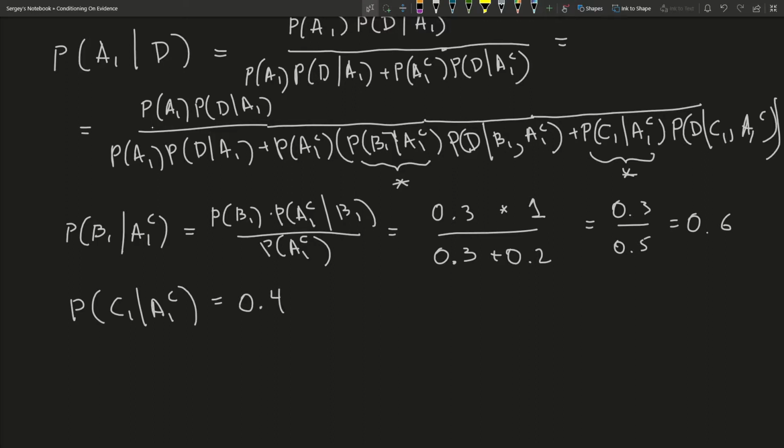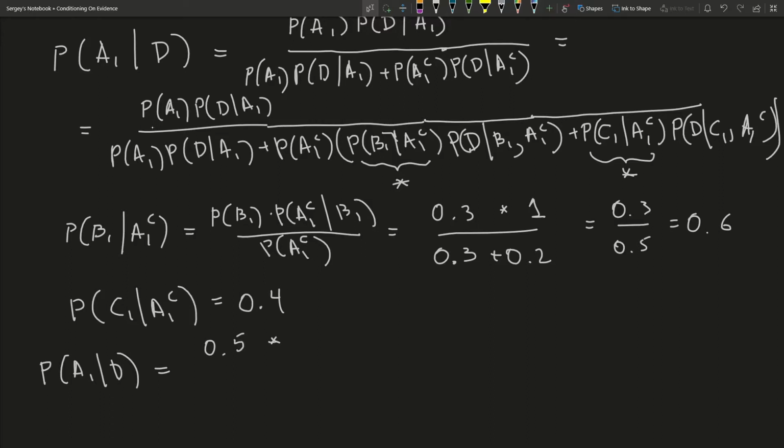So now we're ready to plug in numbers into this long expression above to find the result. And so the probability of A1 given D equals, we know the proportion of screens manufactured at factory A, that's 0.5, 50% of them.